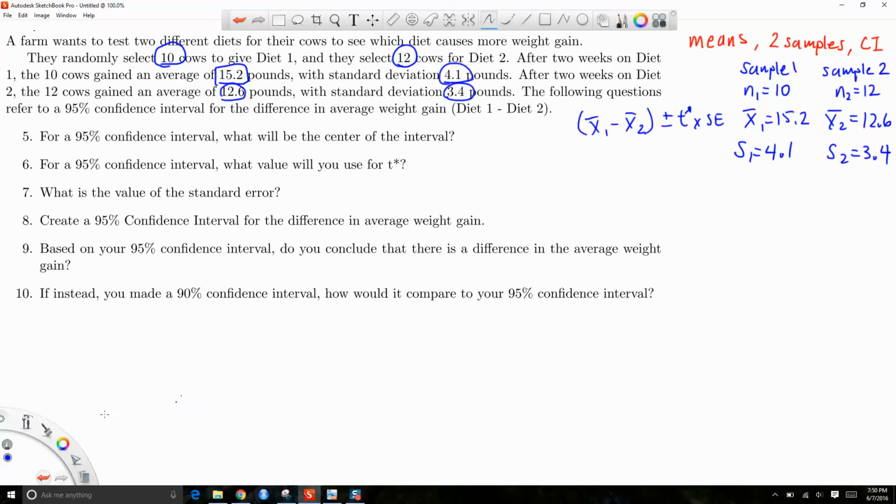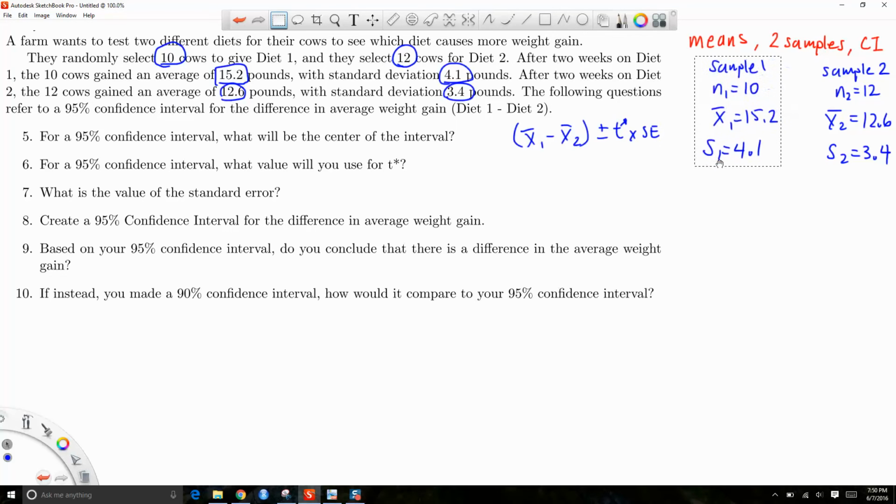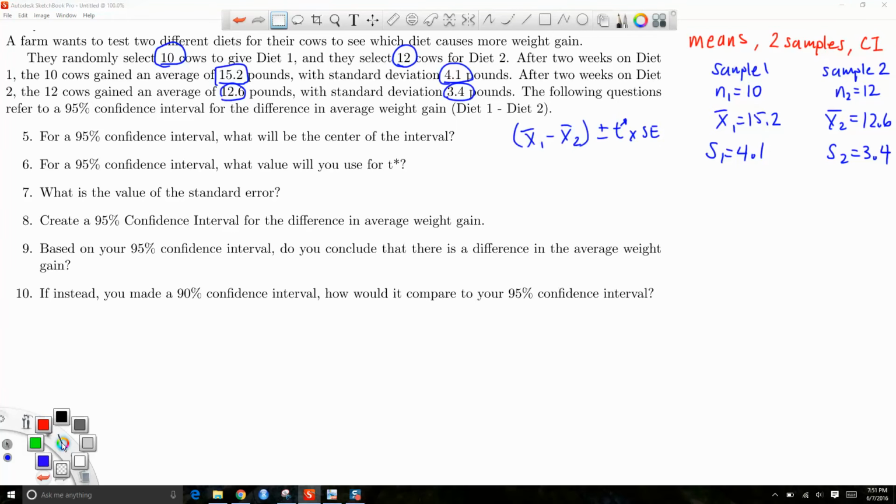It's important that we label these things correctly, otherwise we might make a mistake when we plug them into the formula. So make sure you label your numbers correctly so that when you plug them in, you'll get the right answer.